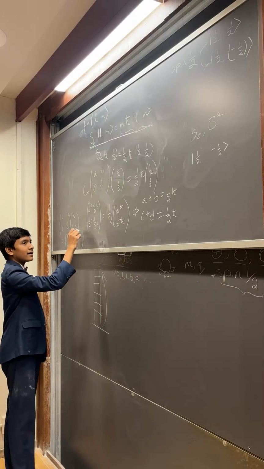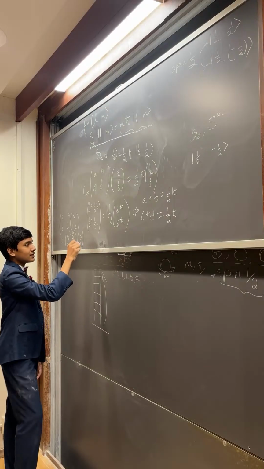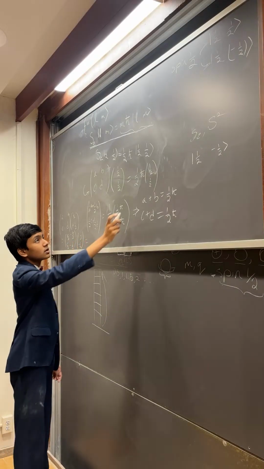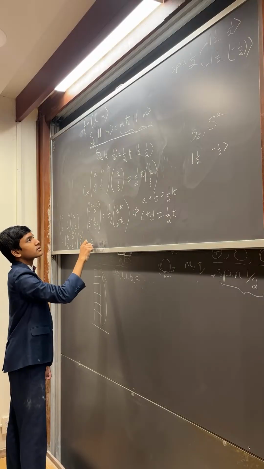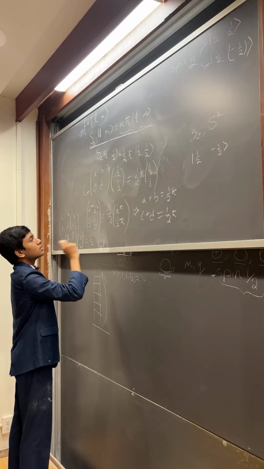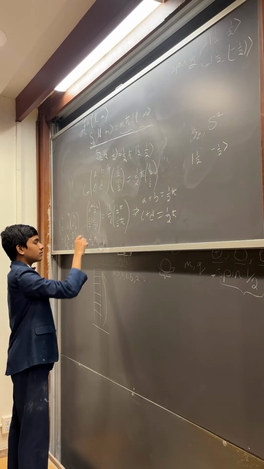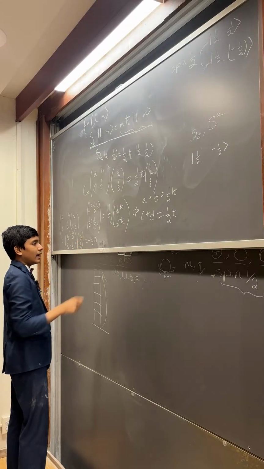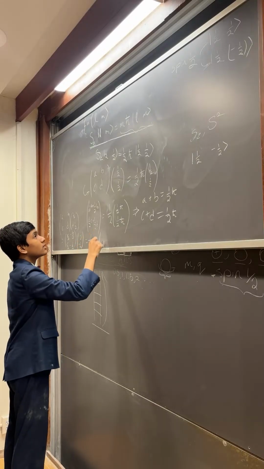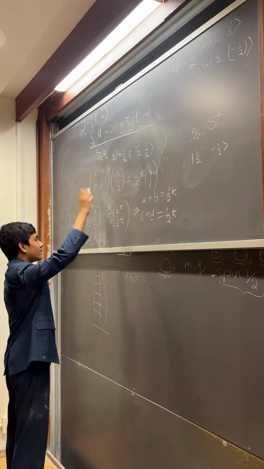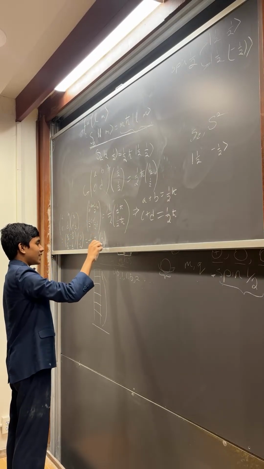Multiplied by half, minus half is equal to half, minus half h bar, multiplied by LM, which is half, minus half.